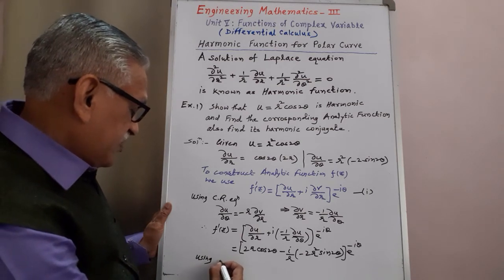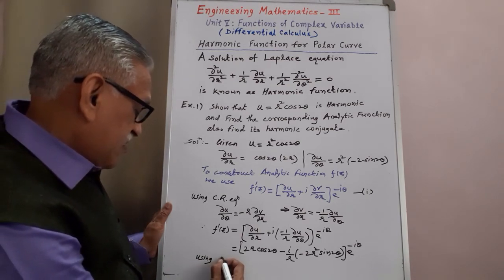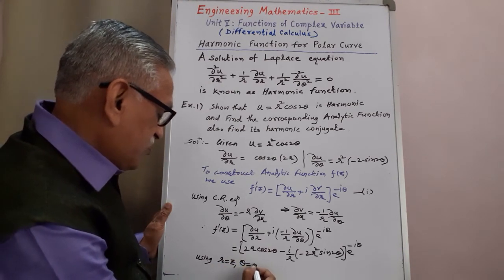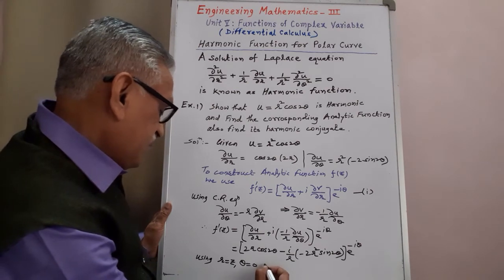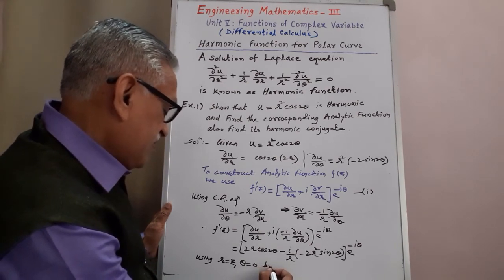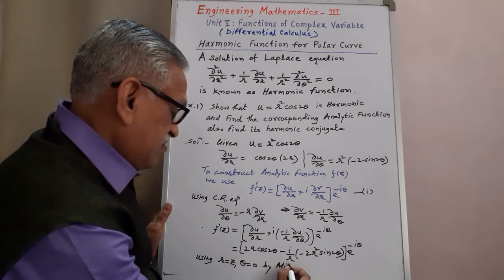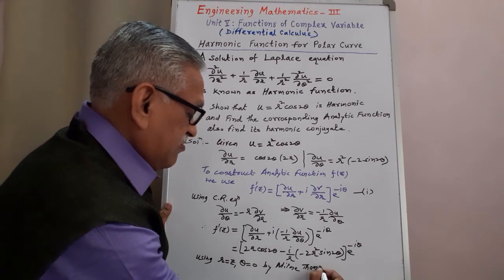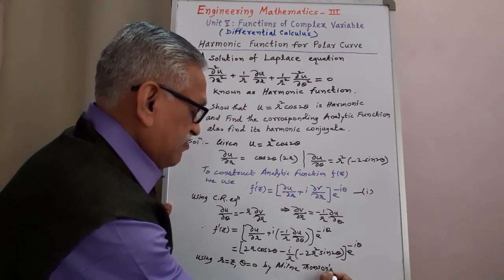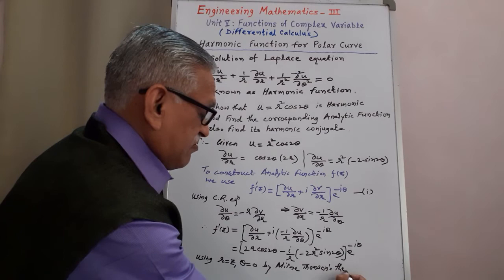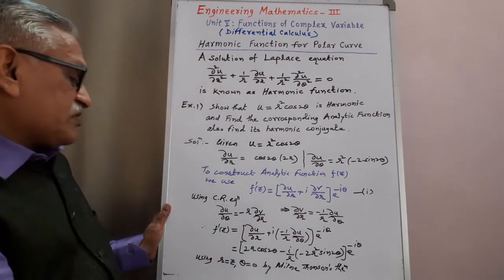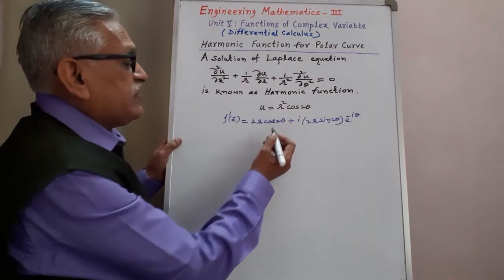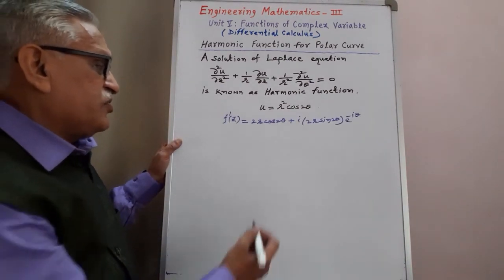Using r is equal to z and theta is equal to 0, by Milne-Thomson theorem, we have, substituting r is equal to z and theta is equal to 0.